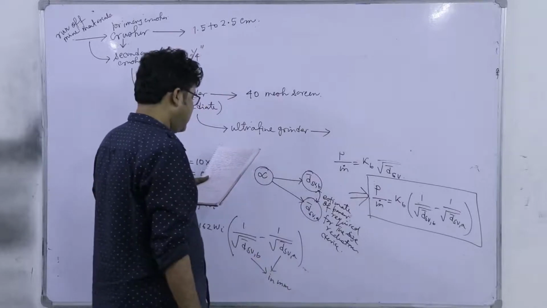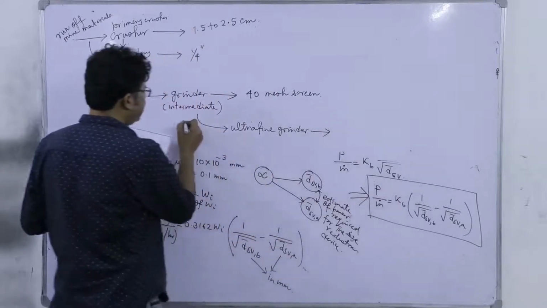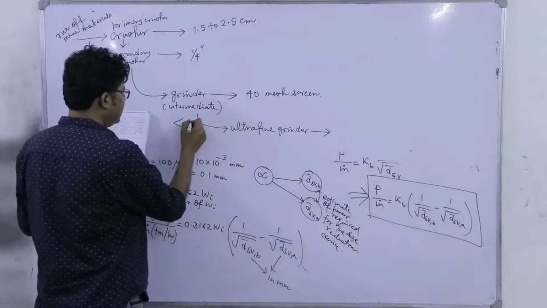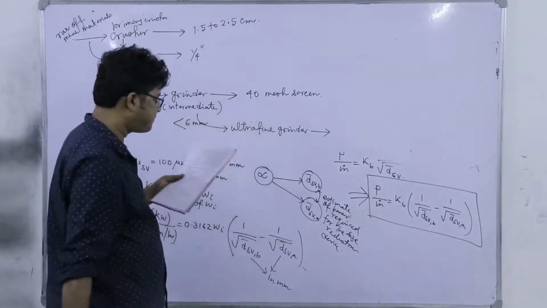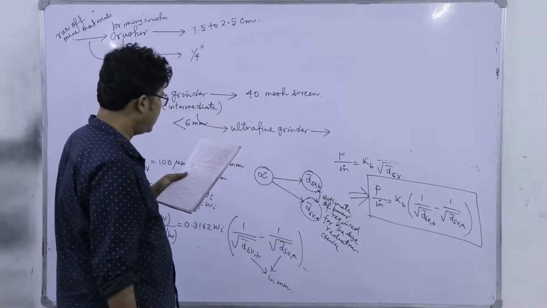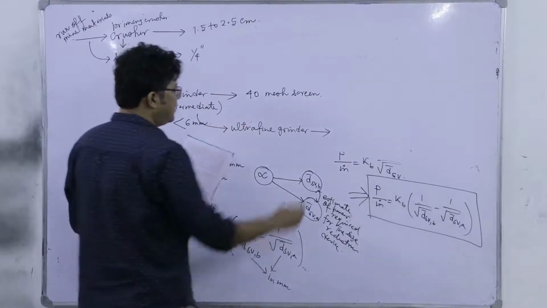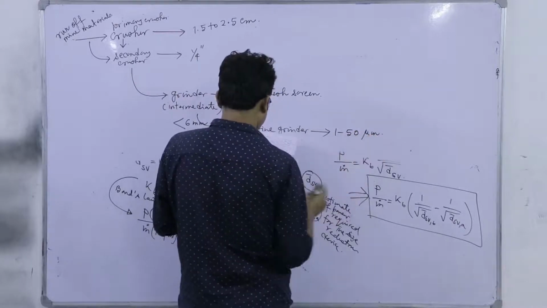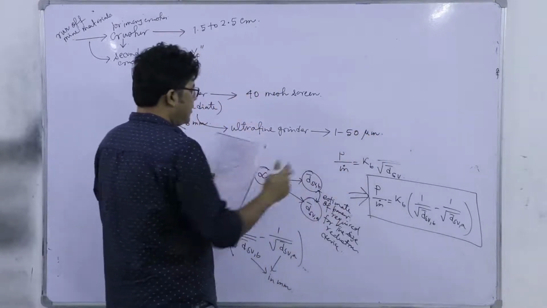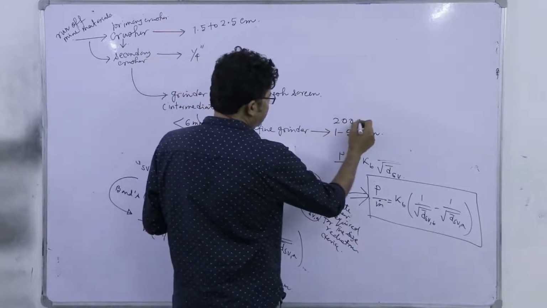Its feed size should be less than 6 millimeter, around 1/4 inch. The product typically varies in the size range of 1 to 50 micron, which corresponds to 200 mesh screen.